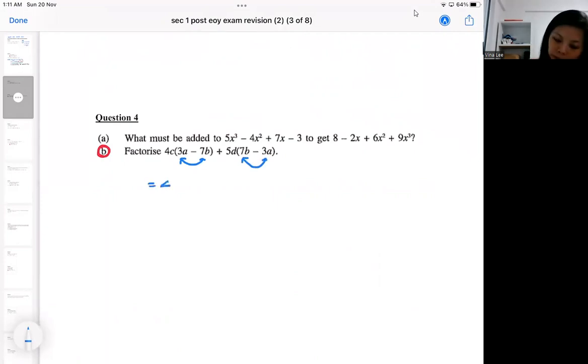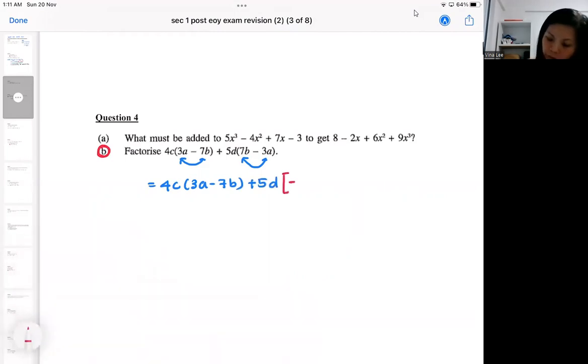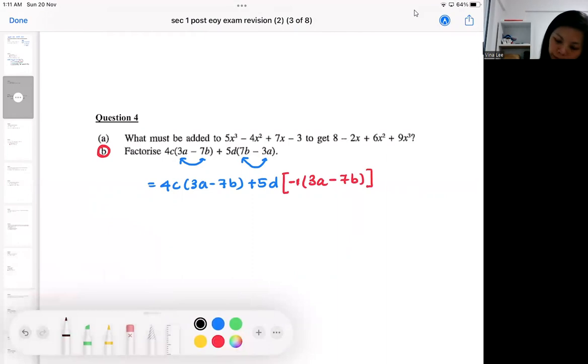When you observe that, again we try to change the second one. I'm going to flip the second one. I'm going to factorize out a -1.